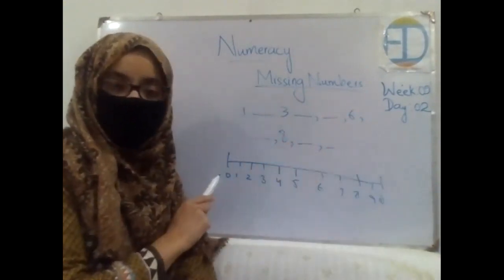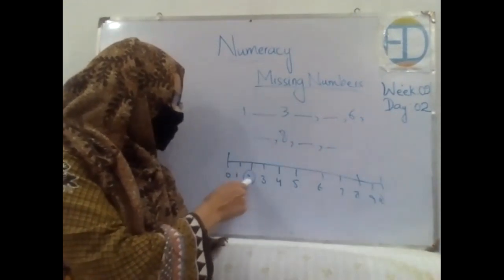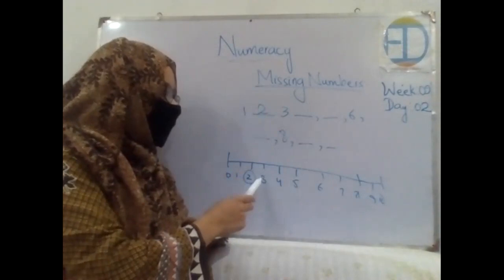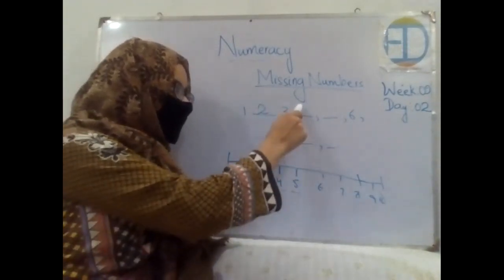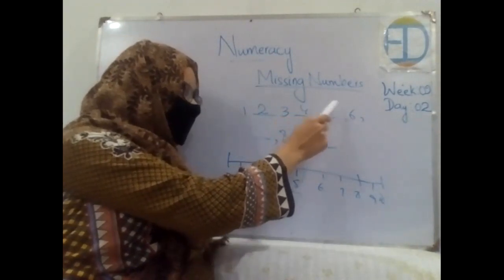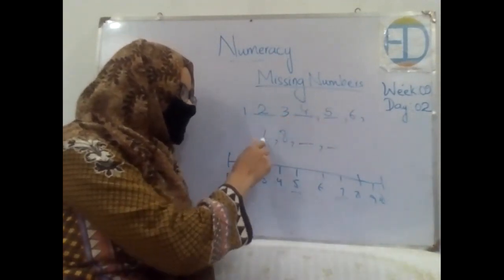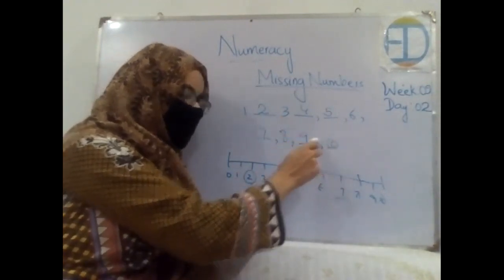And we use the number line to find that. Let's say what comes after 1, it's 2. We find it from the number line, and then we write number 2 over there. What comes after 3? Two spaces are there, so the numbers are 4 and 5. We write 4 and 5 there. Then what comes after 6? From the number line we found out that this is 7, and then finally what comes after 8? The two numbers are 9 and 10, right?